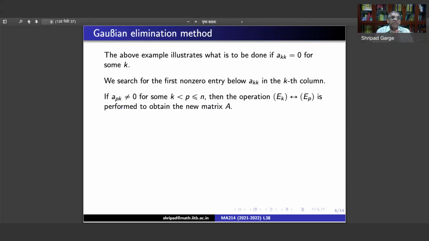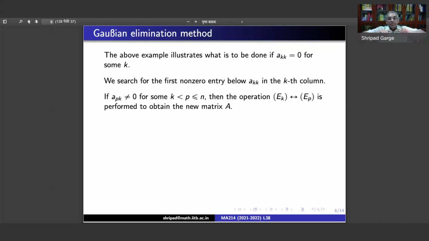Now EK and EP are both rows which are below the (K-1)th row. Therefore, by induction hypothesis, we have made all the entries in these rows from 1 up to K-1 zeros. So the variables x1 up to x(K-1) are all eliminated from EK onwards.